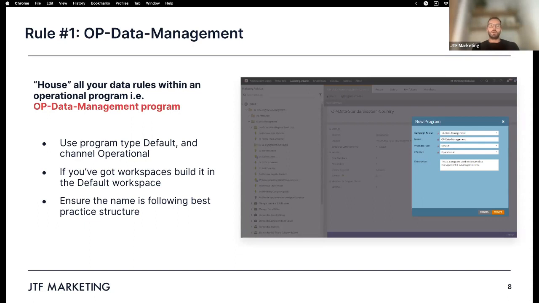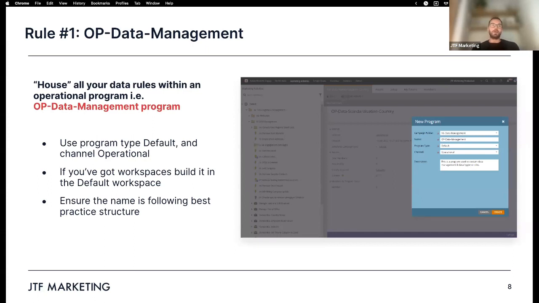There's quite a large number of programs that we suggest, and they include things like bounced records or suppressing people for a certain length of time. Could be unsubscribes, as is the most common conversation around this. It could be dirty data.